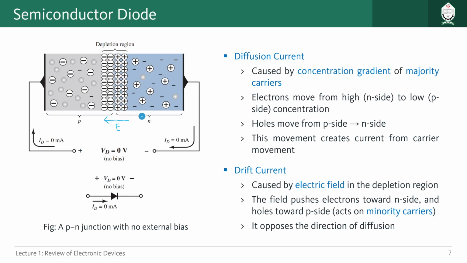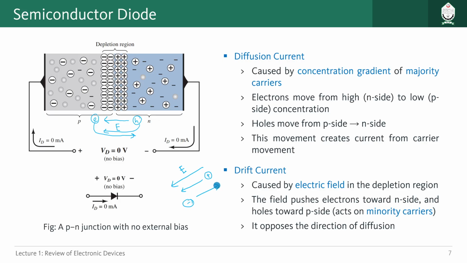If we have holes here, they can move from here to here, and if we have electrons here, they can move from here to here because of the electric field. If you understand the direction of the electric field properly, you know that whenever we have an electric field in this direction, positive charges will follow its direction like this, and negative charges will go in the other direction, like that.